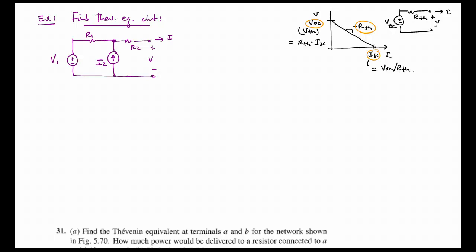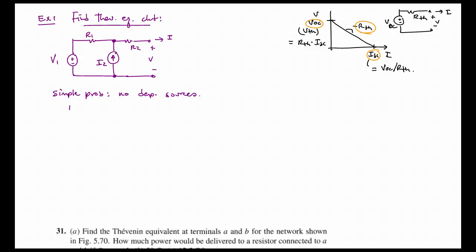Okay, so I'm going to work this problem now. This is a simple problem because it has no dependent sources, and I'll show you a dependent source example later. The technique is very easy to find the Thevenin resistance and open circuit voltage or short circuit current.